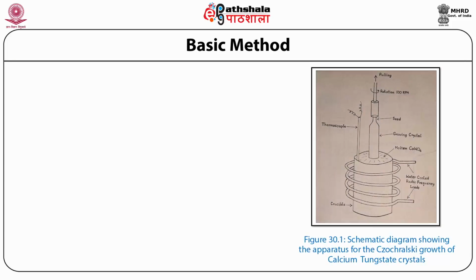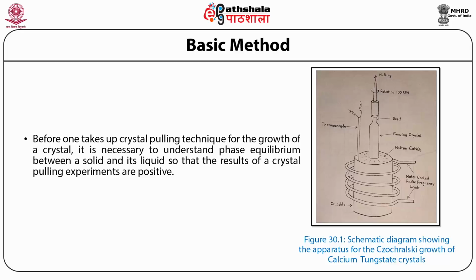Figure 30.1 is a schematic diagram showing the apparatus for the Czochralski growth of calcium tungstate crystals. Before one takes up the crystal pulling technique for the growth of a crystal, it is necessary to understand phase equilibrium between a solid and its liquid so that the results of crystal pulling experiments are positive.